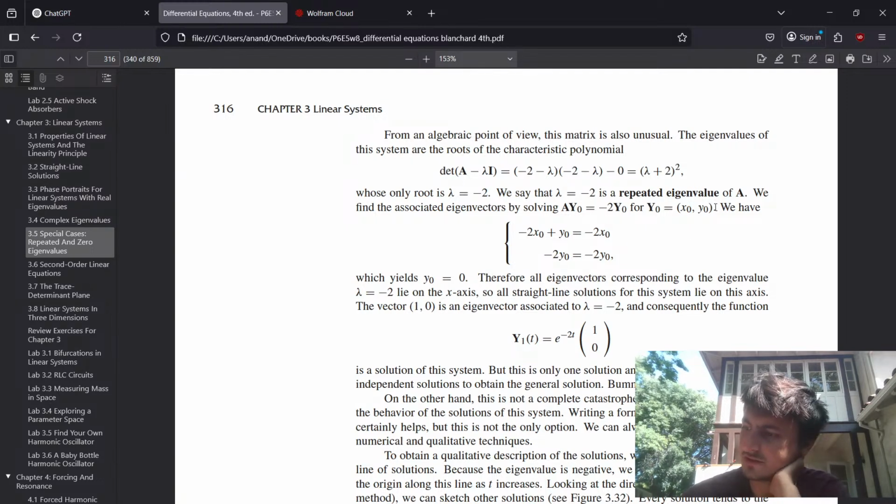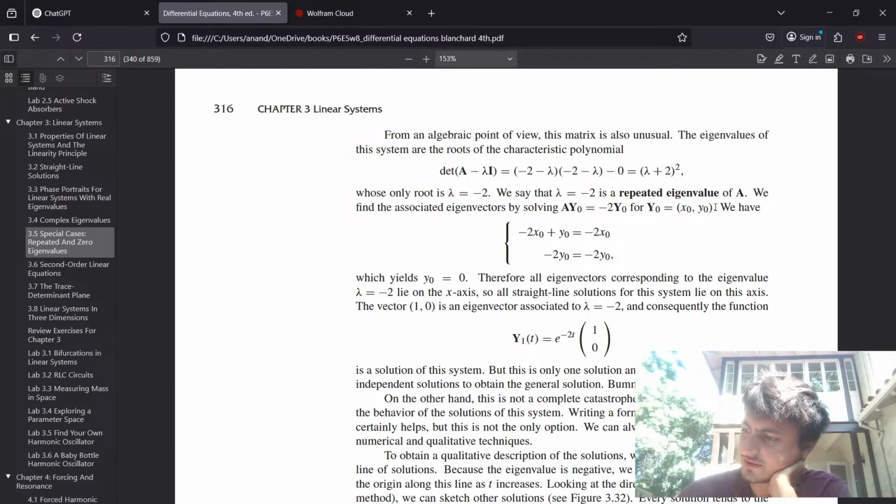Since lambda equals minus 2 is the eigenvalue, we solve A times (x, y) equal to minus 2 (x, y), and then we can form equations.